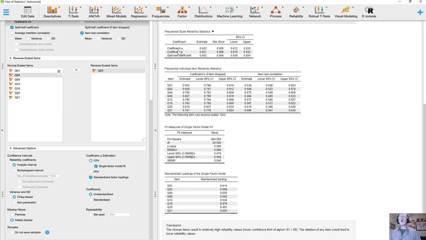So remember, coefficient omega is about whether or not you have a single factor underlying the data. And coefficient alpha is about tau equivalence.